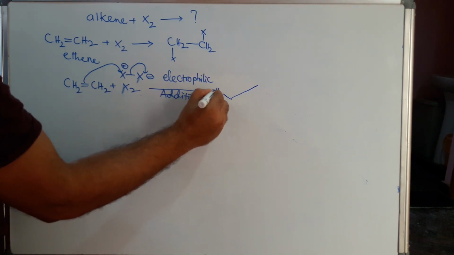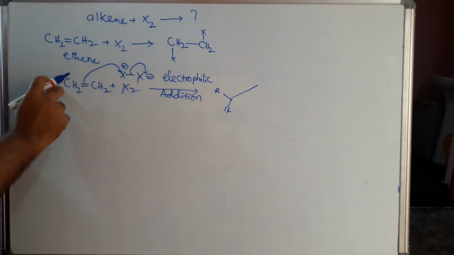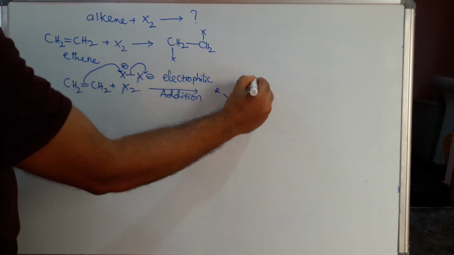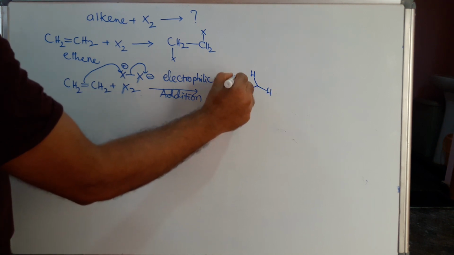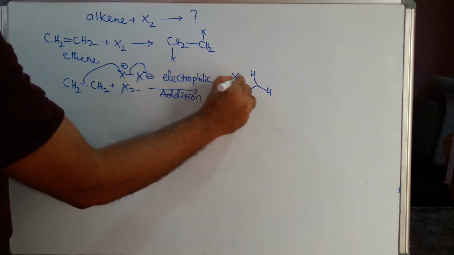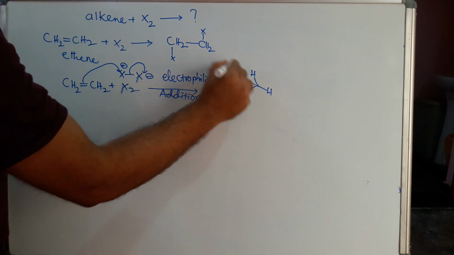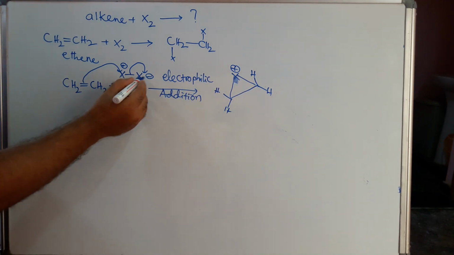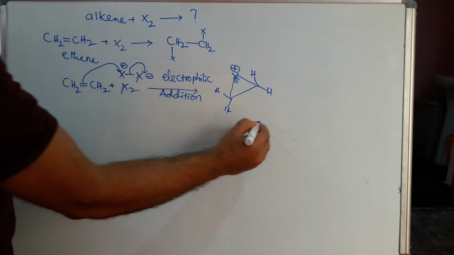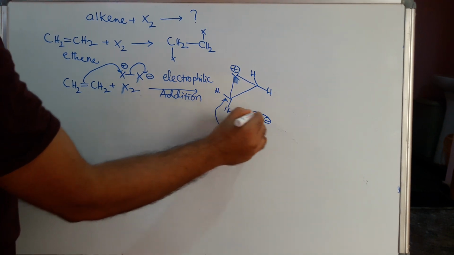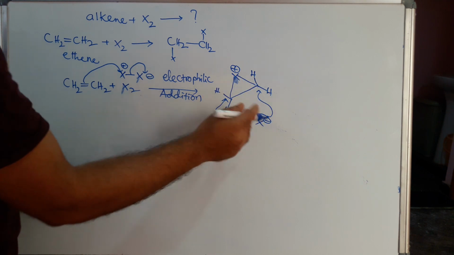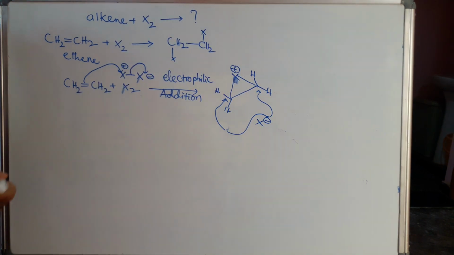Two hydrogens are there, here also two hydrogens are there. So H, and this halogen will be here. This will be positively charged. Then this negatively charged halogen ion may attack from the down, or it may attack from the left side or right side.